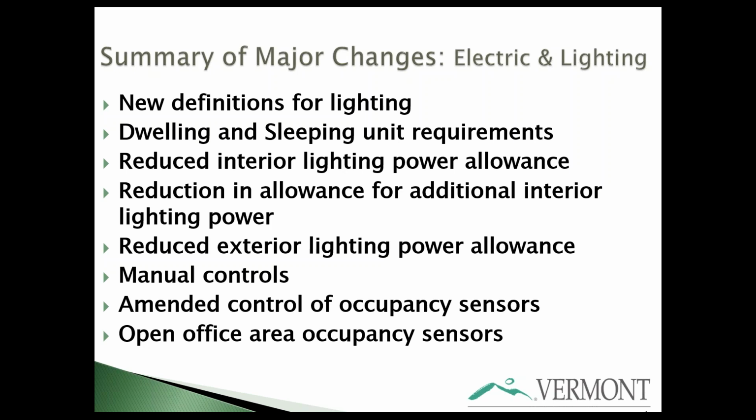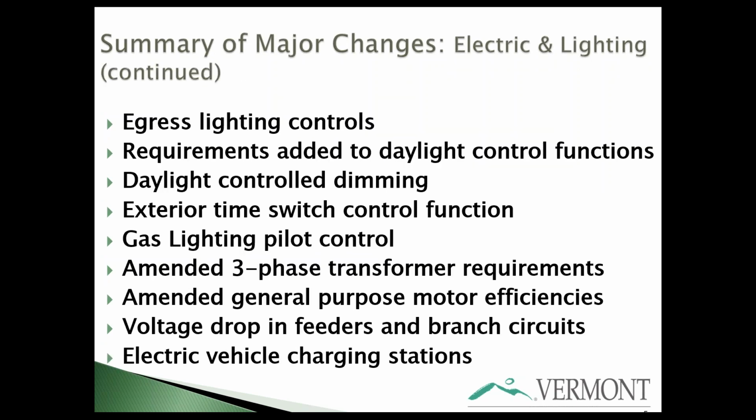We will look at controls, manual controls, occupancy sensors, open office requirements for occupancy sensors, egress lighting controls, requirements for daylight control functions, daylight control dimming, exterior time switch control function, gas lighting pilot control, three-phase transformer requirements, general purpose motor efficiencies, voltage drop in feeders and branch circuits, and one of the bigger changes is there's a new section on electrical vehicle charging station requirements.